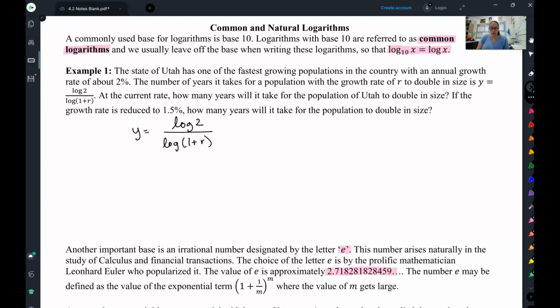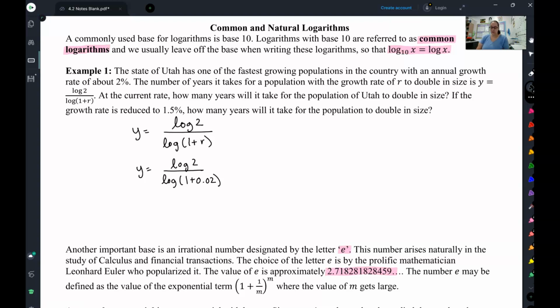It says, at the current rate, how many years will it take for the population of Utah to double in size? At the current rate of 2%, I'm going to put 2% in for my rate, changing 2% into a decimal.